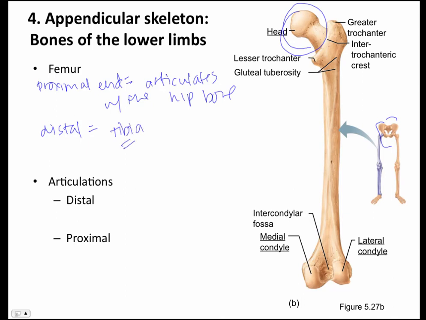This is interesting because we're not articulating at all with the fibula, only the tibia. Also, the femur, our thigh bone, is actually the heaviest and strongest bone in the entire body. And imagine all that weight that we have to support on the femur.